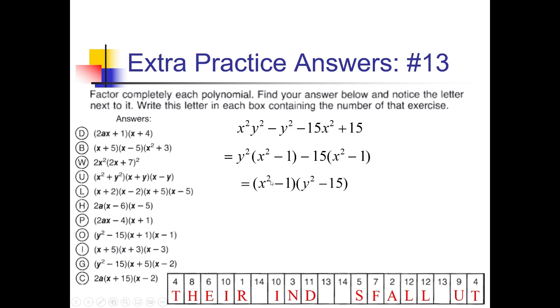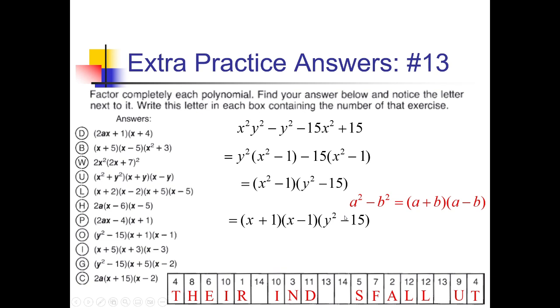But now this x squared minus 1, that's an a squared minus b squared kind of situation. So I can factor that into a plus b, a minus b kind of thing by square rooting. So the square root of x squared is going to be x. Square root of 1 is 1. So we have x plus 1 and then x minus 1. And then don't forget about the y squared minus 15 that we had before.